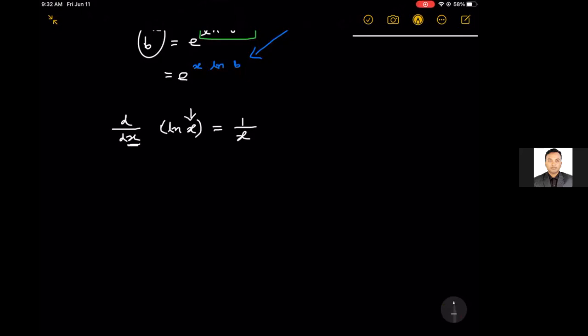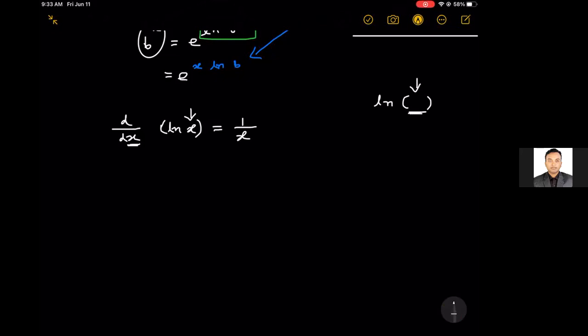You might be wondering why. If you plug in any value less than or even equal to 0 in your calculator, you will see it doesn't give you any value. That means for a logarithmic function, your x or whatever you're taking here, your value has to be strictly greater than 0.